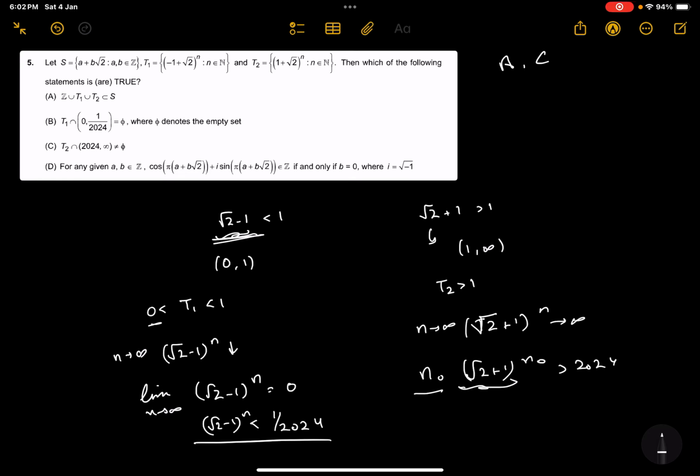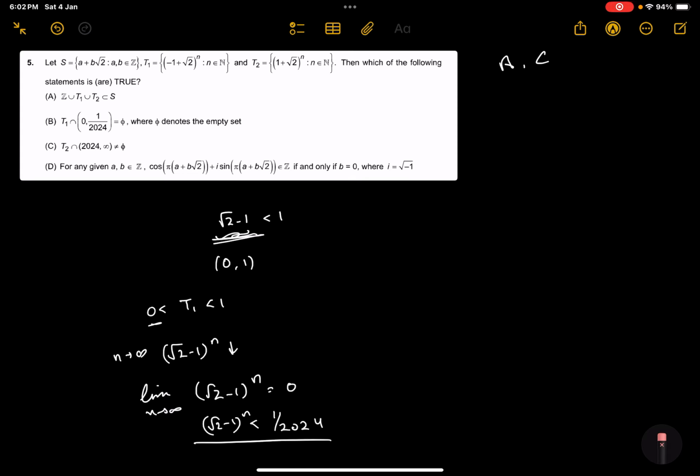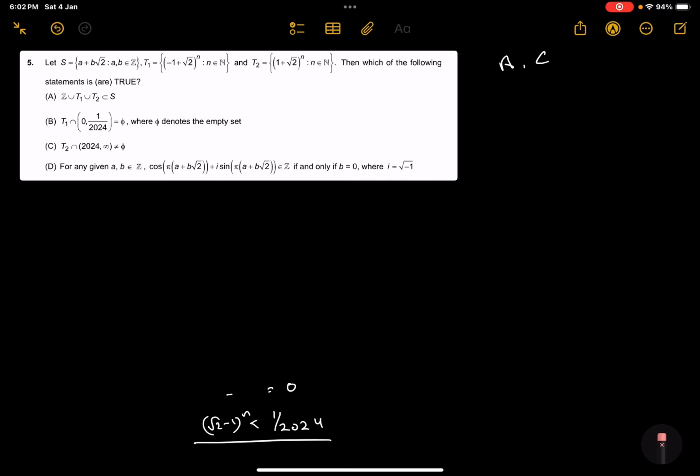So there would be an element in the intersection of T2 and all the natural numbers greater than 2024. So far the options have been straightforward, and if you have some confusion in the exam in option D, you can easily skip because you will score partial marks by just analyzing the first, second and third options.